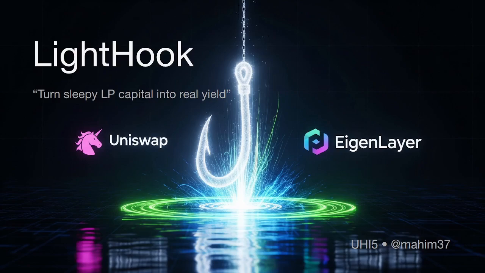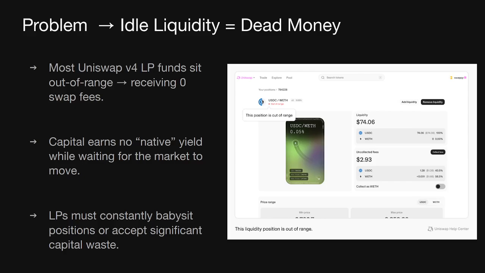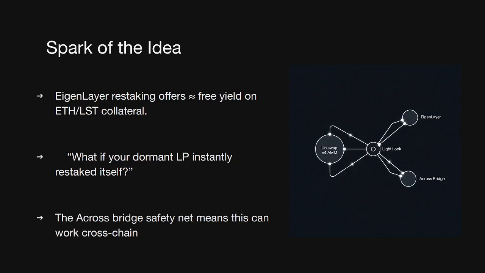This project is an LP's friend which helps to squeeze returns out of unused LP funds. A quick reality check: most LP funds sit out of range, receiving zero swap fees. That's the problem I tried to solve in this hook, and the core idea began from EigenLayer offering you to restake ETH and LST collateral.